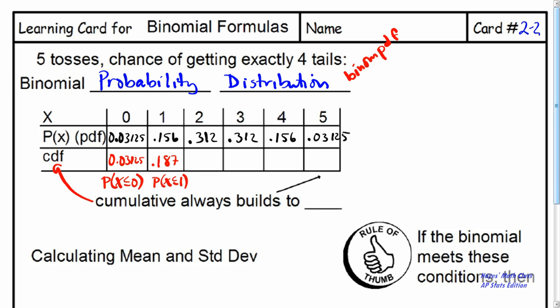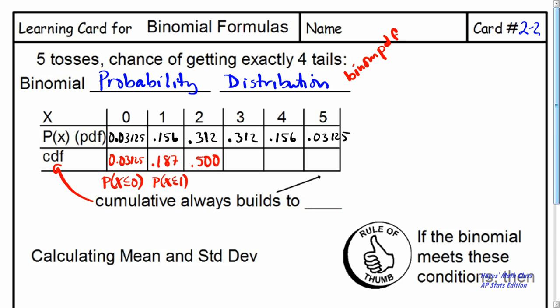The probability of getting 1 or fewer tails is 0.187. When we get up to 2, we take 0 and 1 and 2 and add them all up together, and you get a 50% chance.